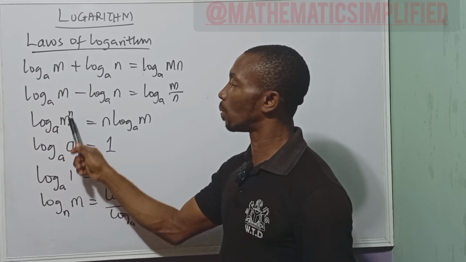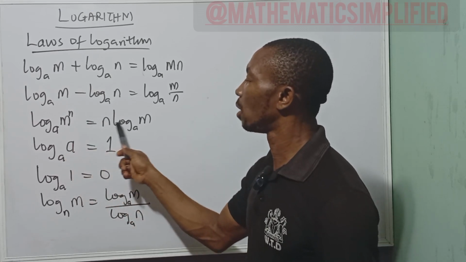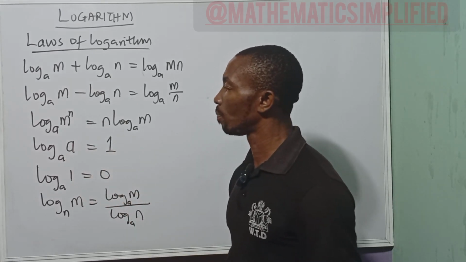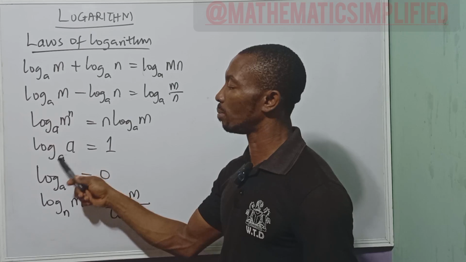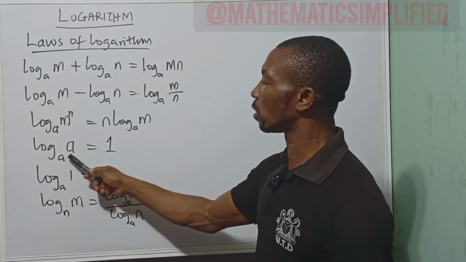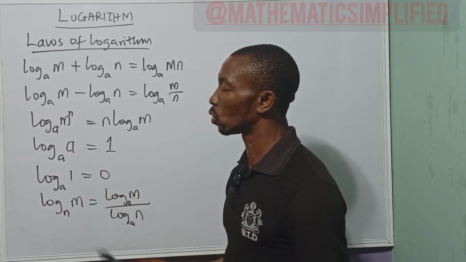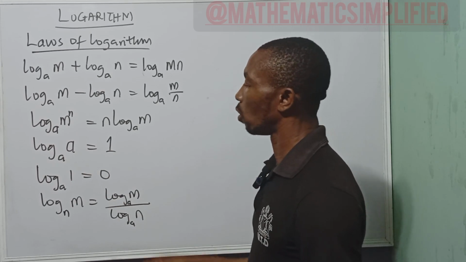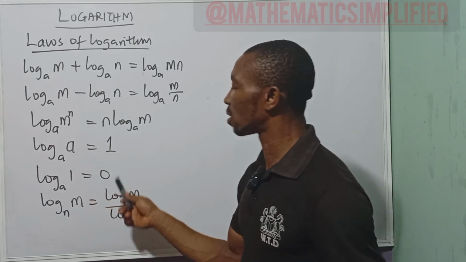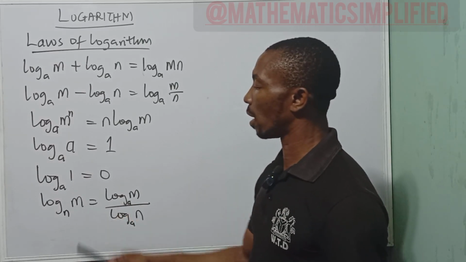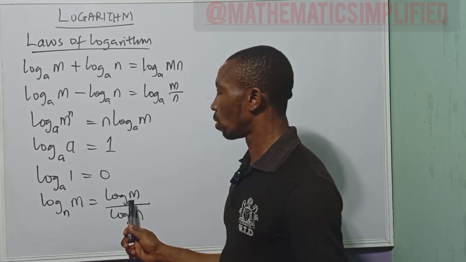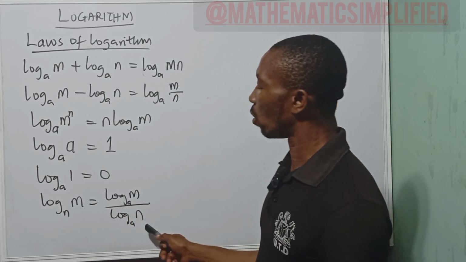Log m raised to power n will become n log m. Now log a to base a: when you have the same base, the log is equal to 1. Log 1 is equal to 0.